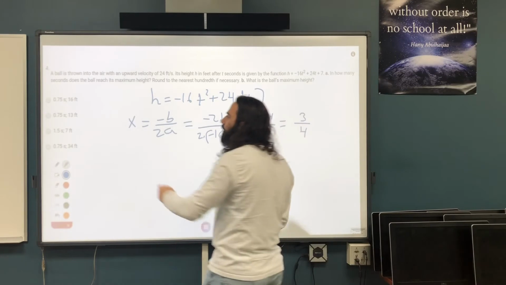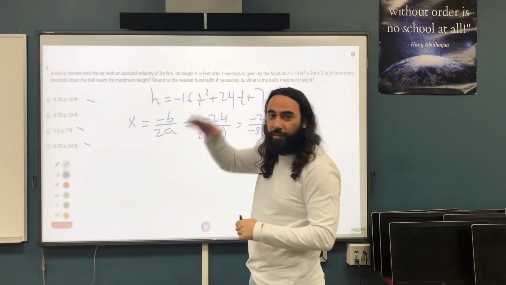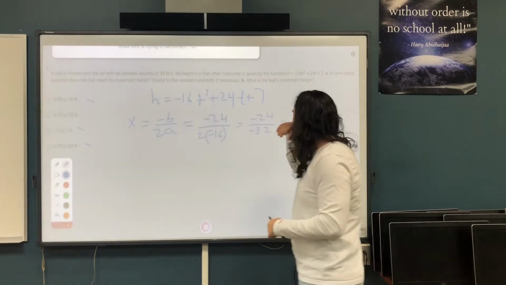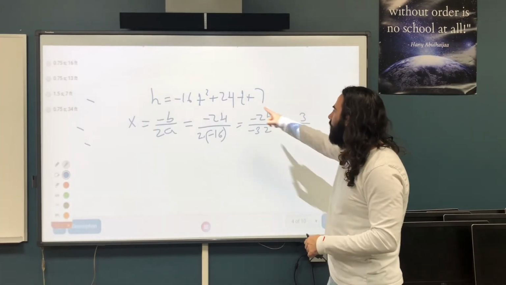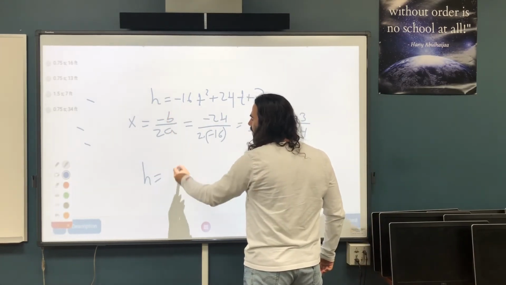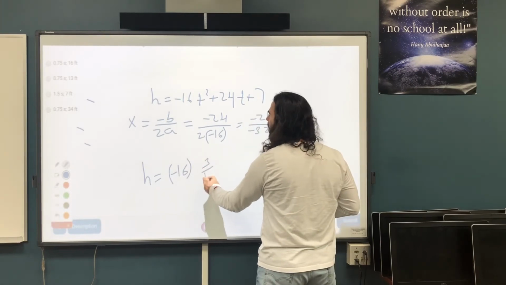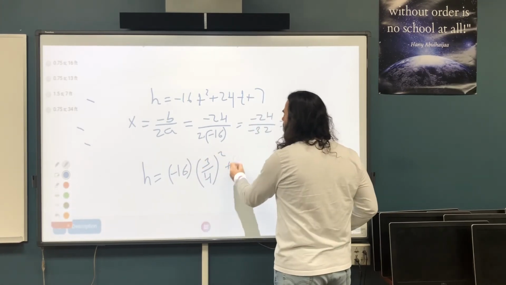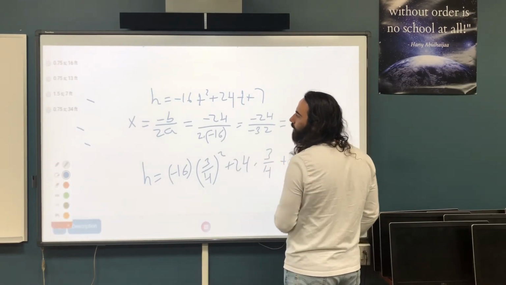So it's either the first one, the third one, or the fourth one. Now we need to know how many feet it went up. To do that, we just plug the 3/4 into the formula. So h, the height, equals negative 16 times 3/4 squared plus 24 times 3/4 plus 7, and you get the answer.